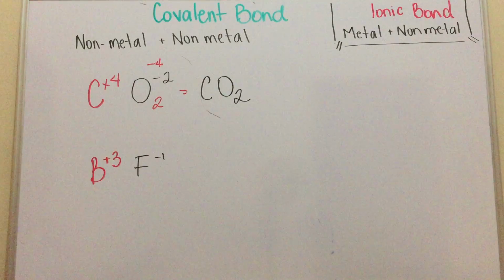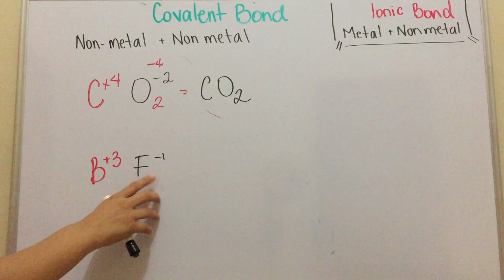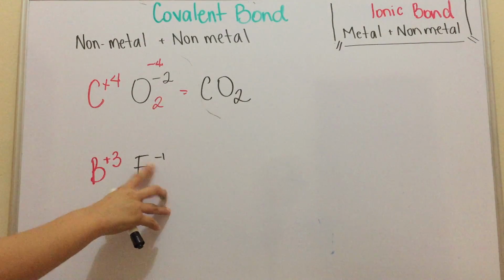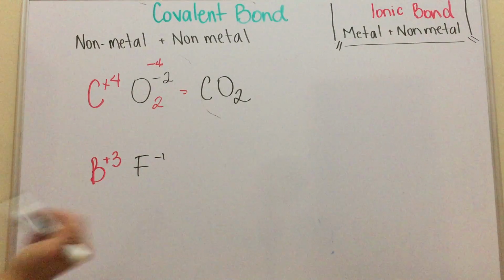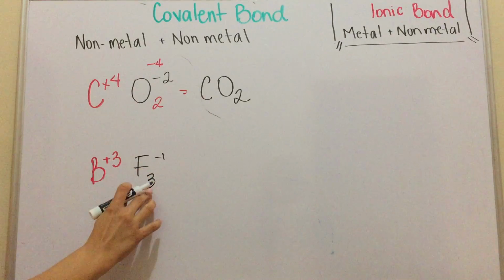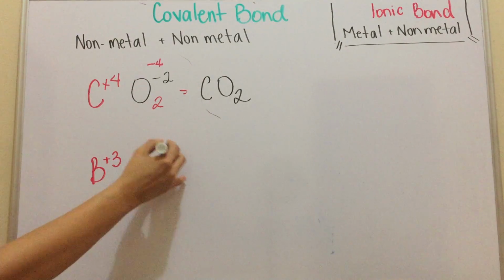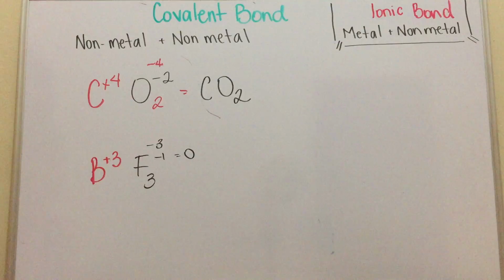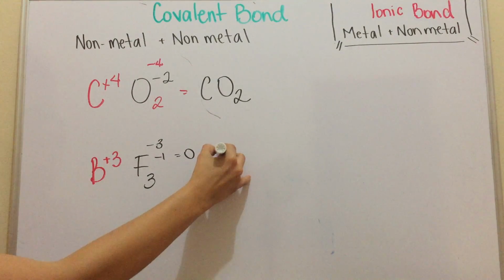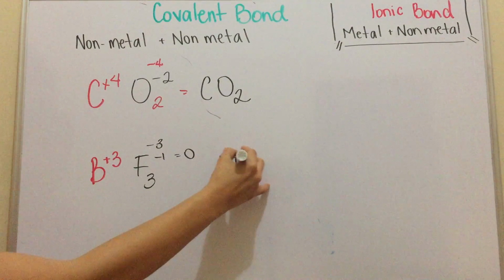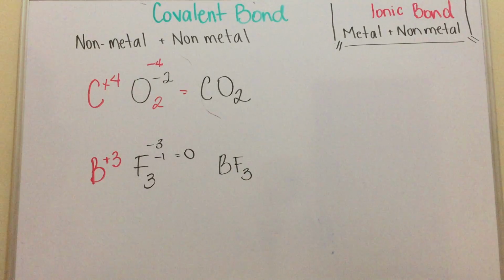We need to add a number to fluorine so that it multiplies times the -1 and we have a 3. So fluorine, I'm going to multiply it times 3 because 3 times -1 is -3. And it's going to add up to 0. And my chemical compound is going to be BF3. And that's it.